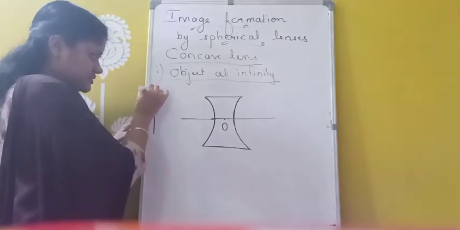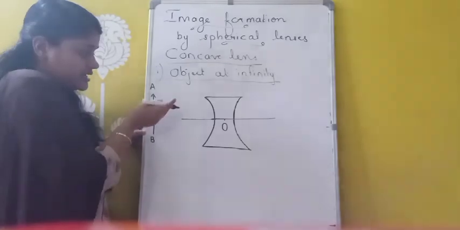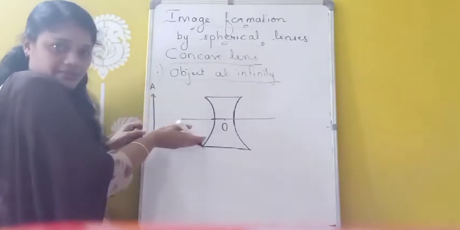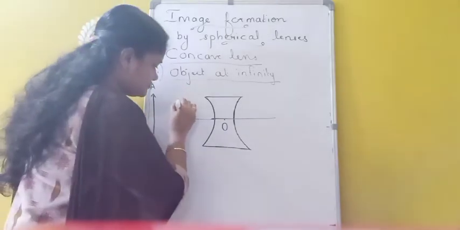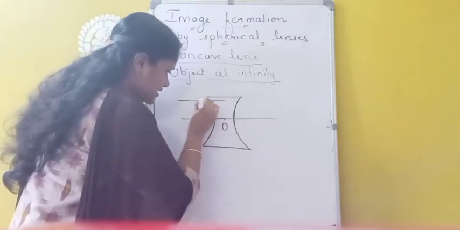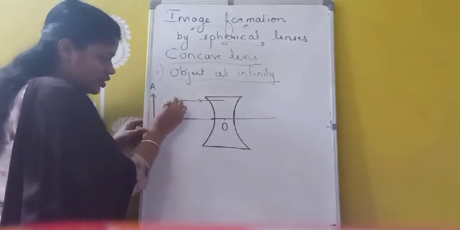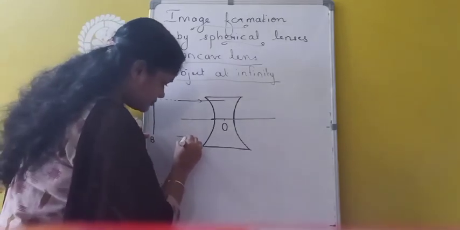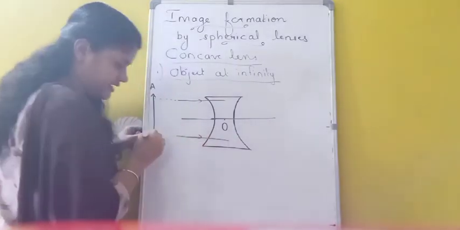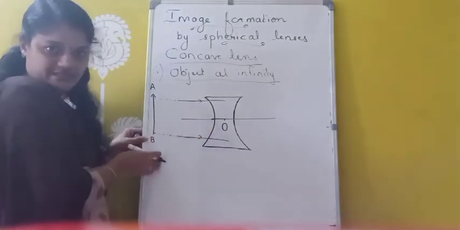So this is the object AB, and whenever the object is at infinity, the light rays are coming parallel to the principal axis. Okay, and we are considering 2 light rays. So this is one light ray coming parallel to the principal axis from the object. Similarly, I am taking another light ray coming from the object parallel to the principal axis.